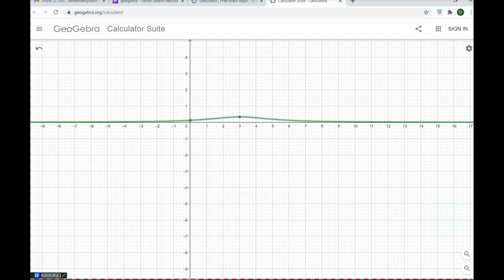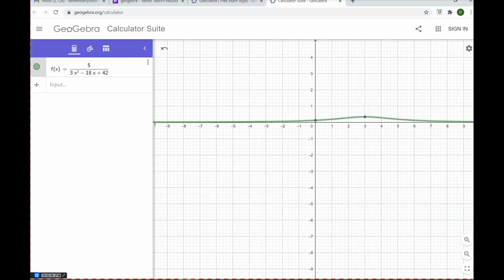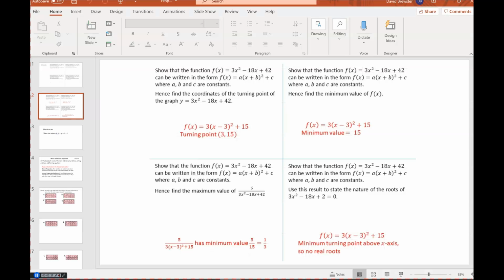I drew it earlier: the graph of 5 over 3x squared minus 18x plus 42 looks very much like that. You can see it's a maximum because it's 5 over that amount, with a value of a third. Your answer is 5 over 15, which gives you a third.